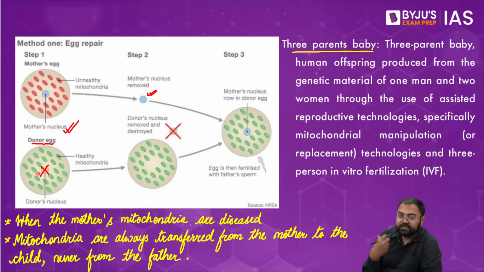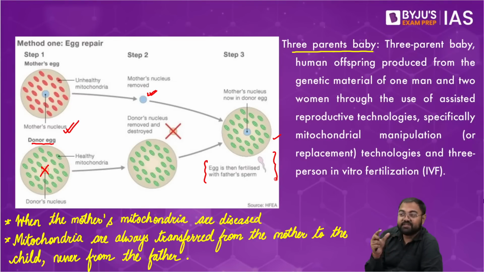So we'll remove the nucleus from the donor cell, and the nucleus from the mother cell, the original mother cell, will be transferred inside the donor cell. And then the fertilization will happen between the original mother cell and the father cell, because the nucleus of mother and father are being retained, nucleus of the donor has been removed.